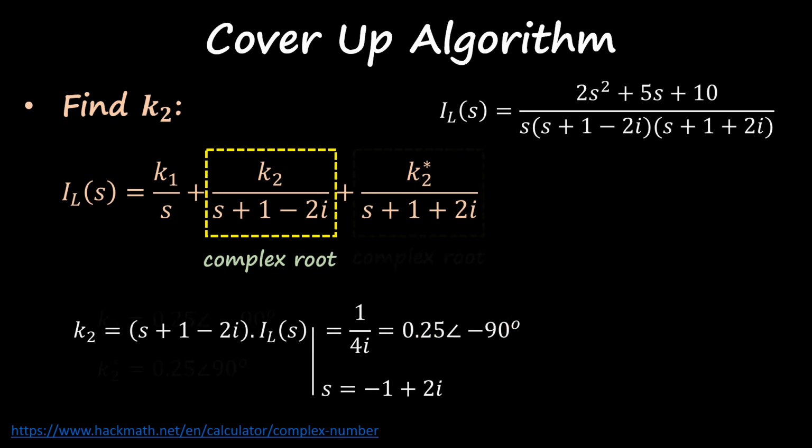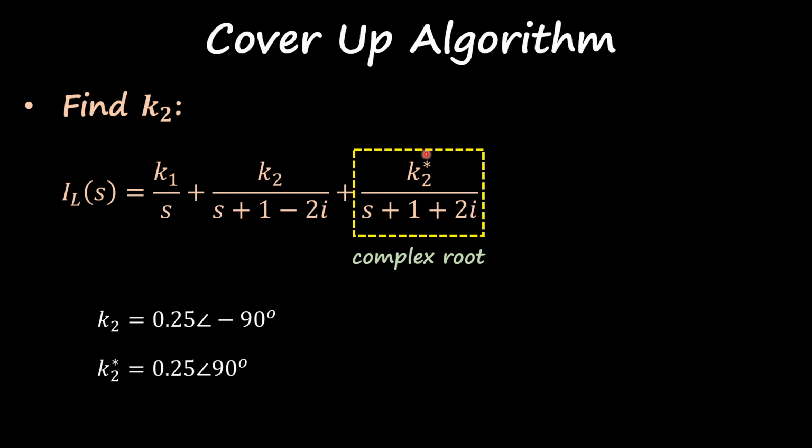Alright, so that's my k2, and the conjugate of k2, which is that symbol over there, means that only the imaginary part of your complex number flips the sign, which in polar form is just swapping the sign of your angle. And you get your k2 conjugate equal to that.